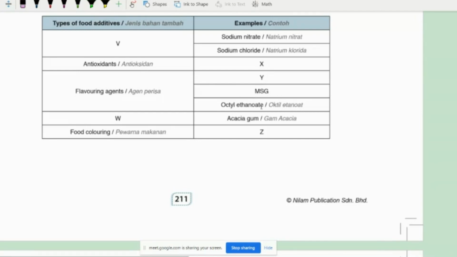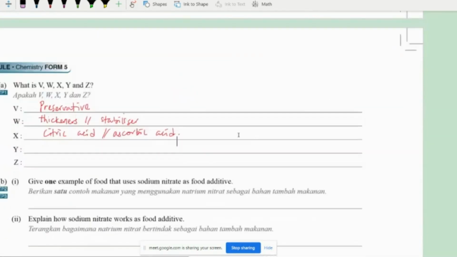MSG, octyl ethanoate. Aspartame, yes, aspartame can. Another one is saccharin. It's a sweetener, sugar actually, to sweeten the food.